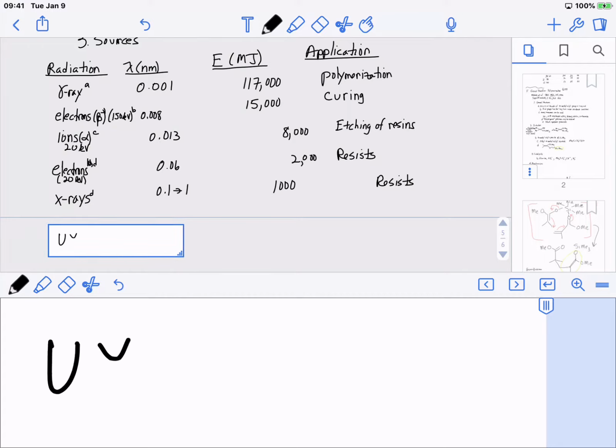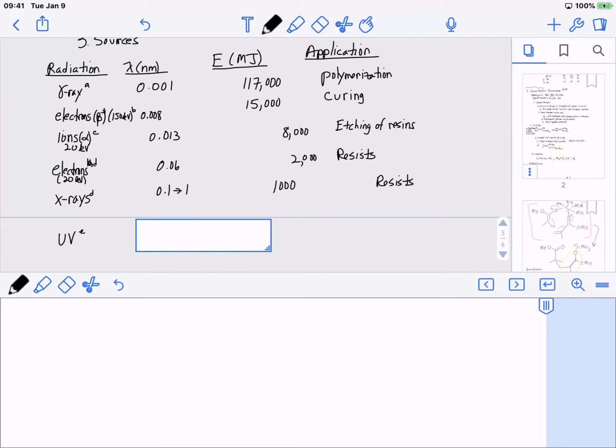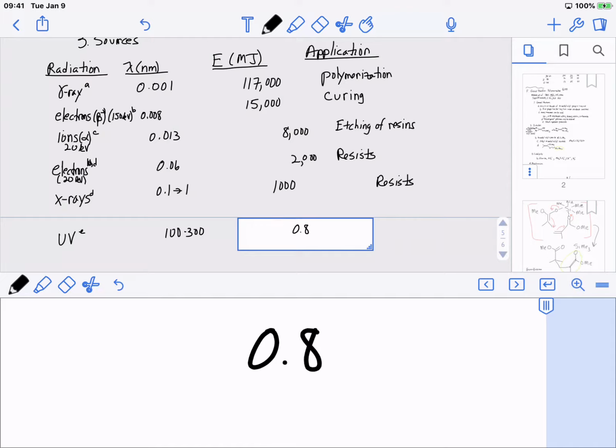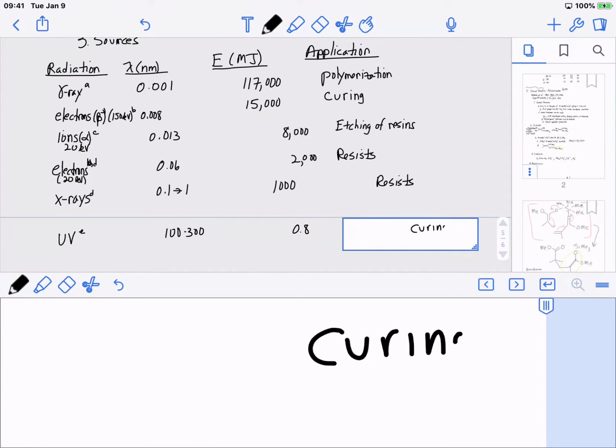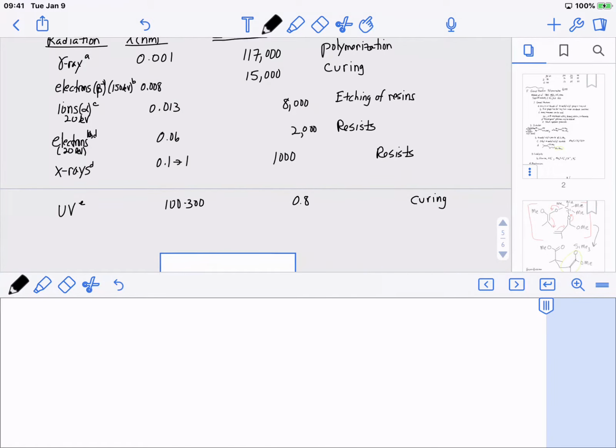UV, E. UV, 100 to 300. 0.8, so we're going way down in energy, but still, this is a lot of energy for a bond. You can break bonds with this. Not all bonds, but you can break some.